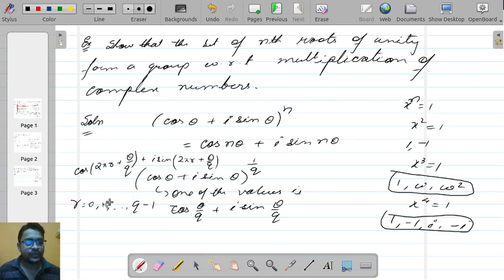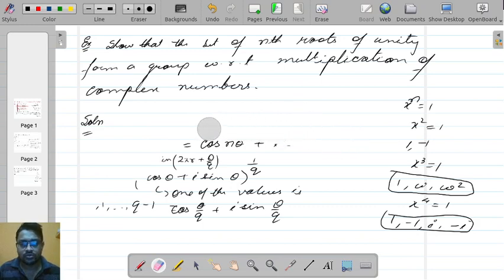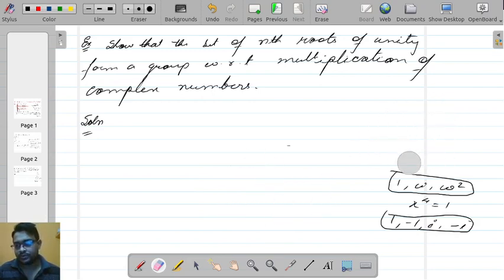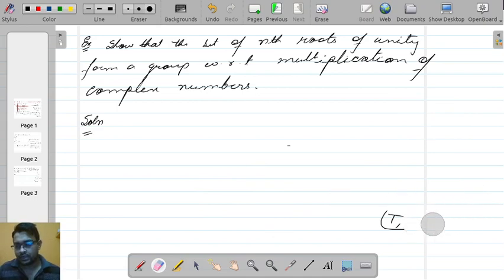Okay, so these are part of trigonometry. We will require this to show that the nth roots of unity form a group with respect to this multiplication.